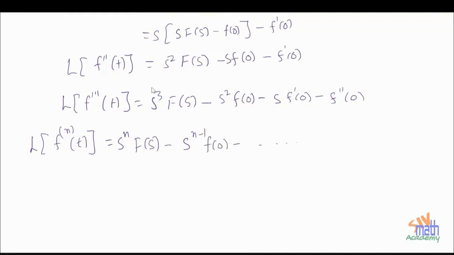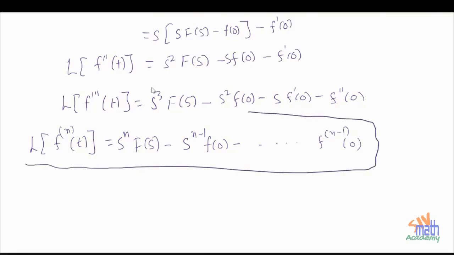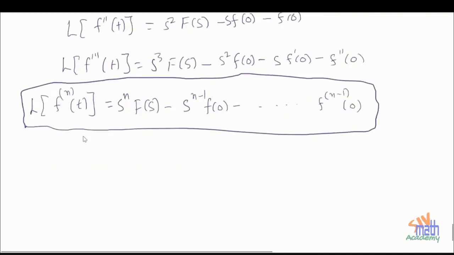So dot dot dot up to, here the order is one less, that is f power n minus 1 of 0. There it terminates. This is the general formula. You can take this general formula, so this is how you can apply the general formula for the Laplace transform of a particular derivative of a function, basically.